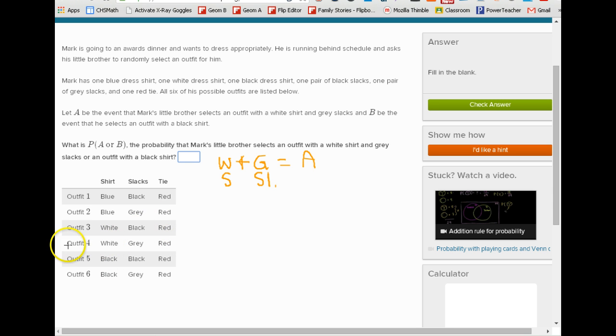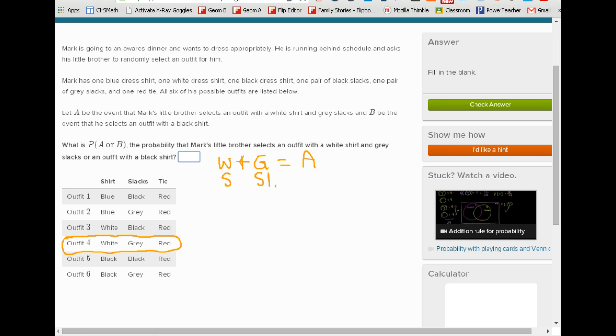White shirt, gray slacks. That's this one here. And I don't see any other ones here, right? White shirt and gray slacks out of this outfit. Or an outfit with a black shirt. Okay, or an outfit with a black shirt.